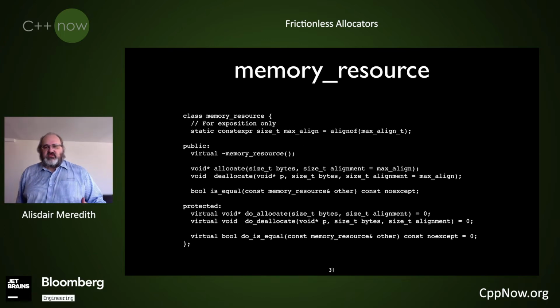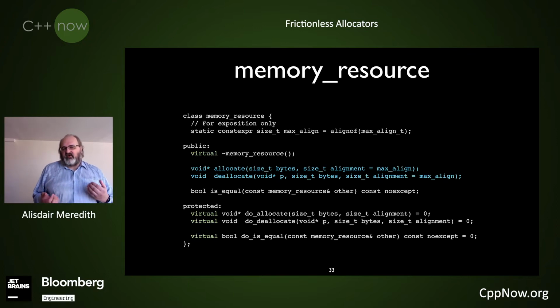So this is what the standard PMR memory resource looks like. There's a virtual destructor and some protected virtual methods. We're using the non-public virtual method pattern, so that we dispatch to these virtual functions from some public non-virtual functions. This allows us to have a default parameter for the alignment, which just means that the virtual functions always have two parameters.